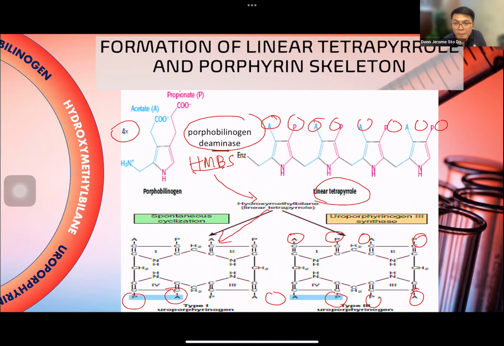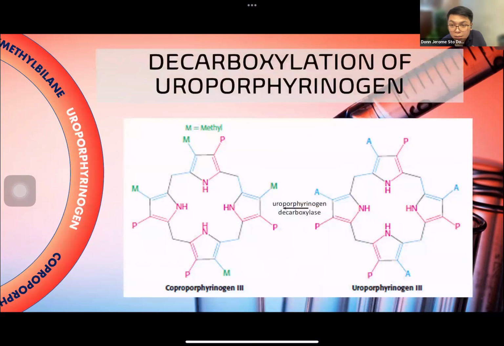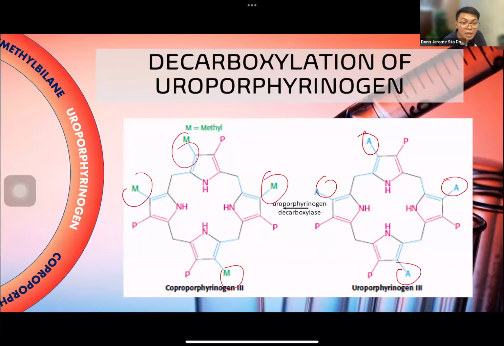Okay? So what happens next? So we have your uroporphyrinogen 3, which would undergo decarboxylation, converting the acetate side chains to methyl side chains. Okay? So this would considerably decrease the number of carboxyl groups, decreasing the polarity of your porphyrin.